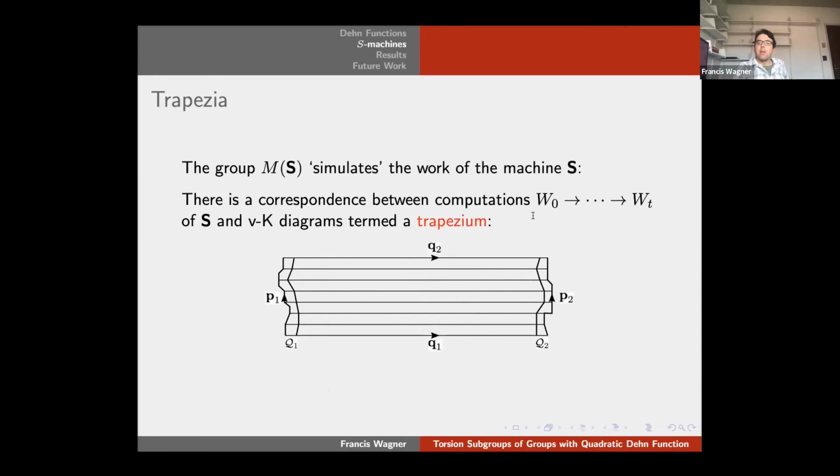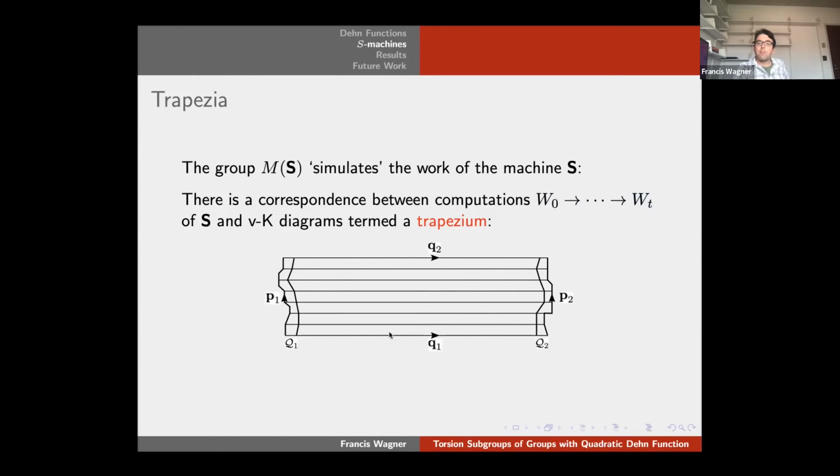What I mean by that is if we are given any computation of the S machine, you start off with one configuration, you apply a rule, apply a rule, apply a rule, get down to the last configuration, well, then that will be able to be seen inside of a Van Kampen diagram over this group.